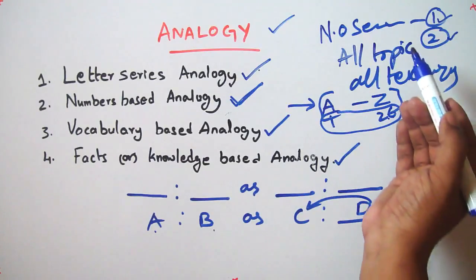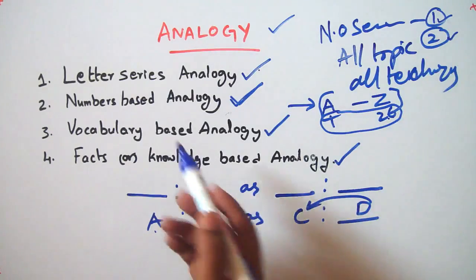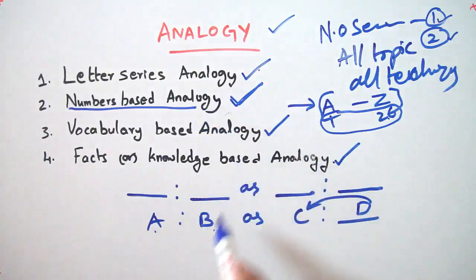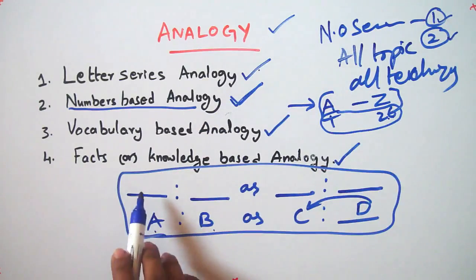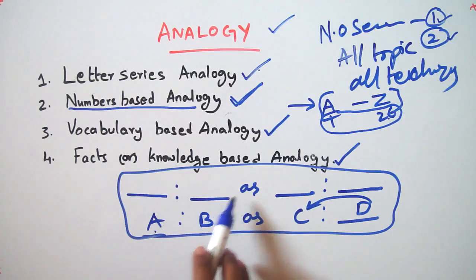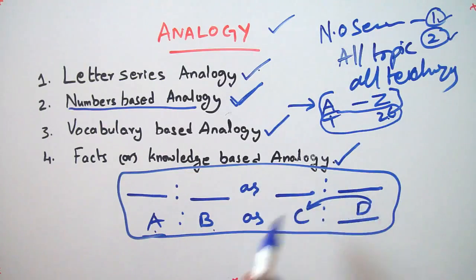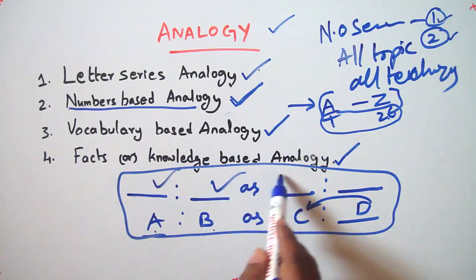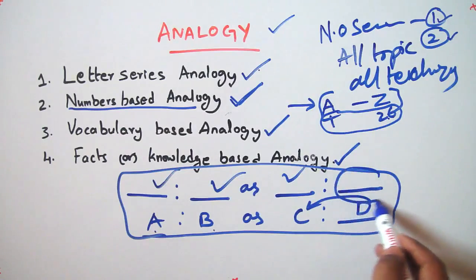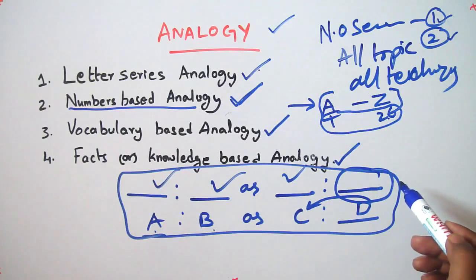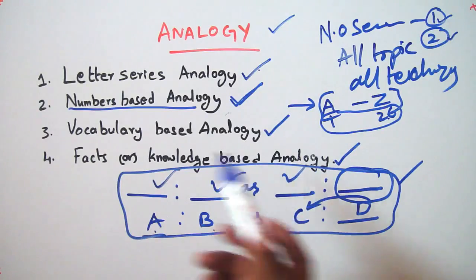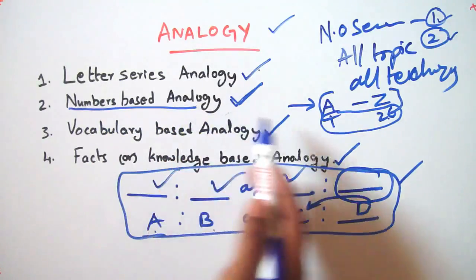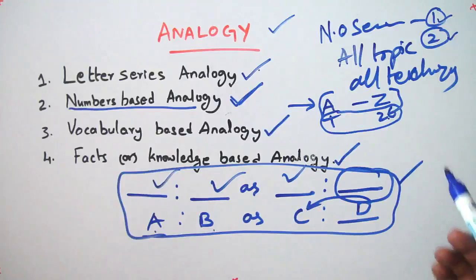If the number series techniques are applied in this format, that is blank is to blank as blank is to blank, where any three are given and one is left blank, this format will be answered in number based analogy by using the number series technique.